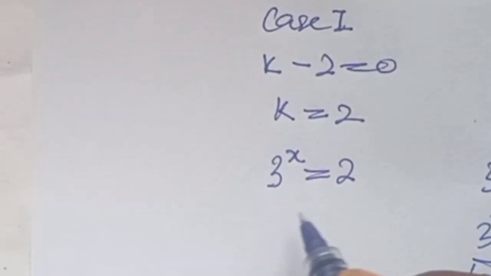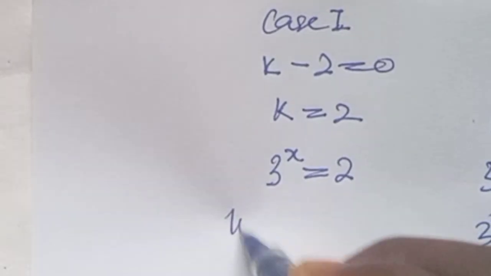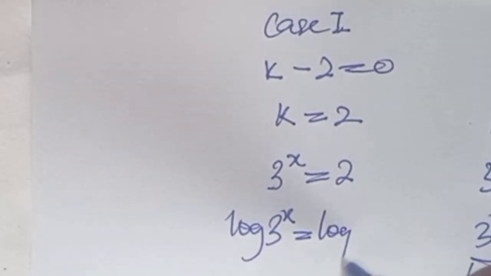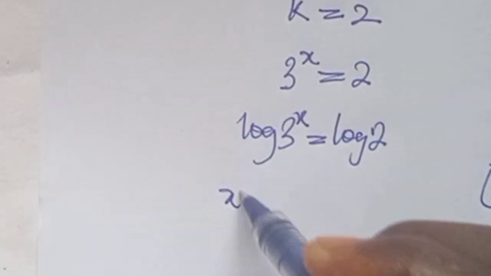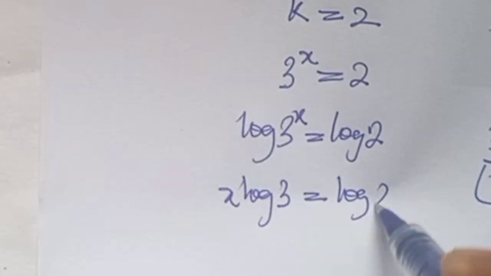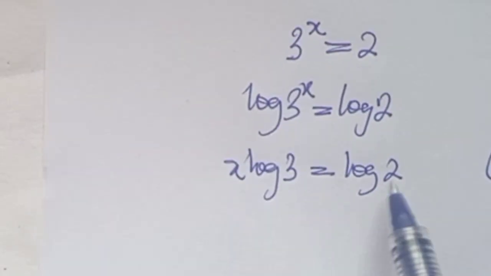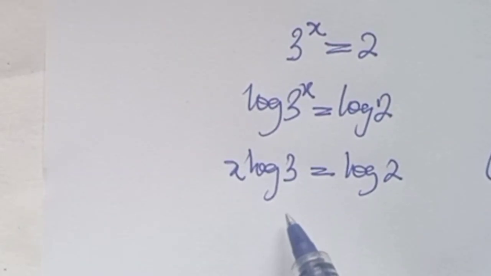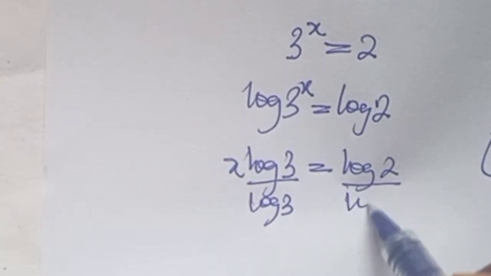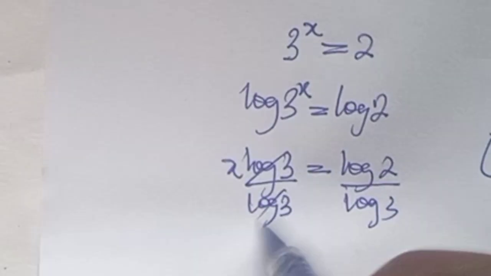And here, we're going to take natural log of both sides. That is log 3 to the power of x is equal to log 2. So that x log 3 will therefore be equal to log 2. And if you divide both sides by the coefficient of x, which is log 3, it becomes over log 3 over log 3. So log 3 cancels out.